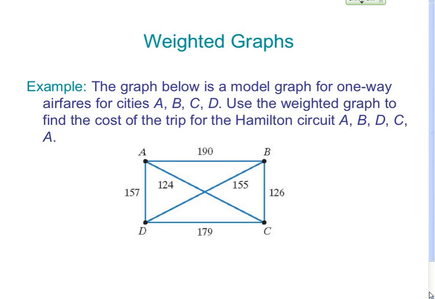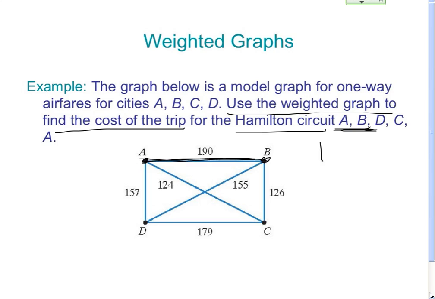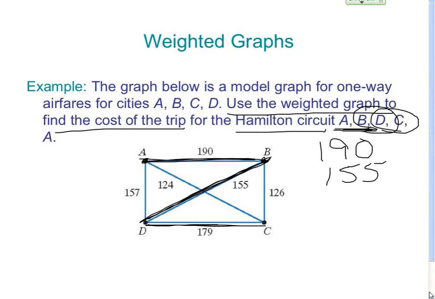This says use the weighted graph to find the cost of the trip for the Hamilton circuit. So I want to go from A to B. A to B, that's $190. Then I want to go from B to D, so that's this edge, which is $155. Then I want to go from D to C, is $179.